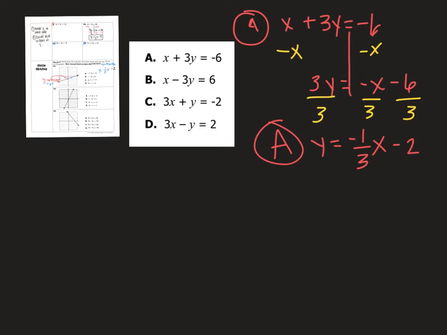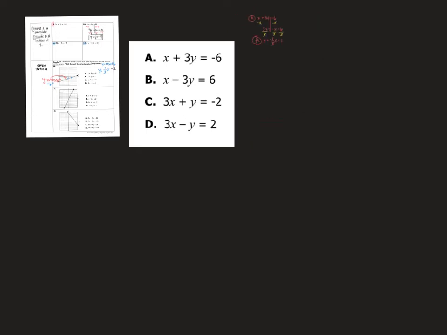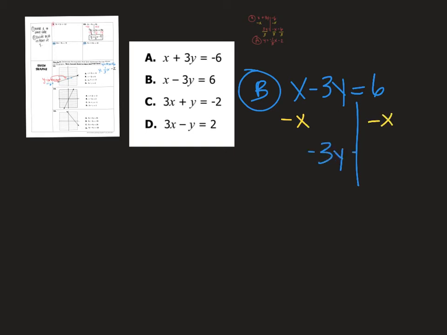So let's look at B. All right, so B is x minus 3y equals 6. We need to get y by itself, so we're going to subtract x from both sides. We'll be left with -3y equals -x plus 6.